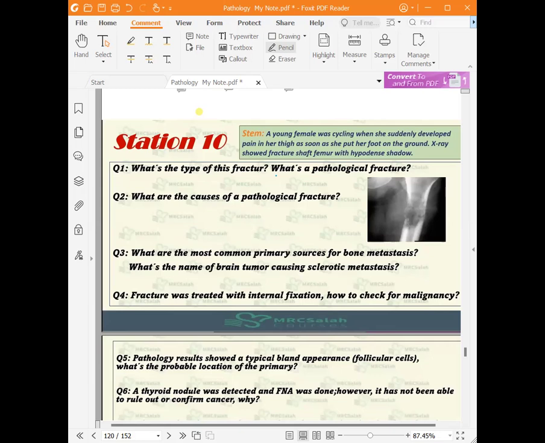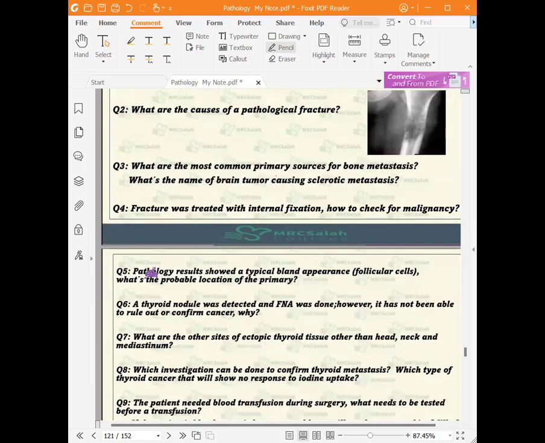Fracture was treated with internal fixation. How to check for malignancy? Bone biopsy.